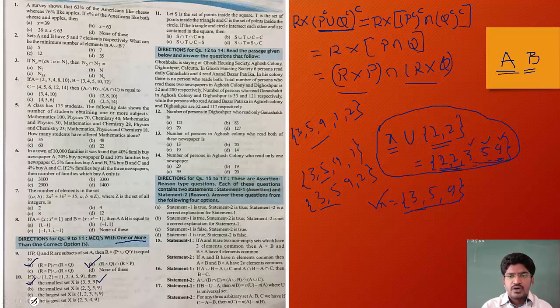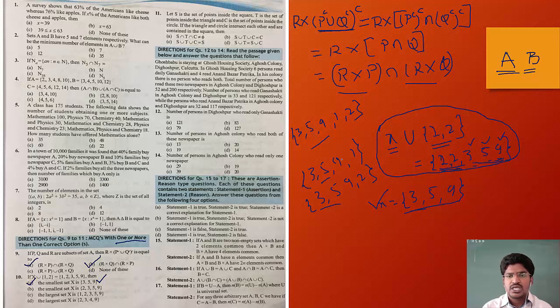Now, one more thing, there may be another option also correct answer. Let us see, the smallest set in option B cannot be the answer, because the smallest set already we have got. The largest set x is {1, 2, 3, 5, 9}. One more option is {2, 3, 4, 9}. Okay, no problem.